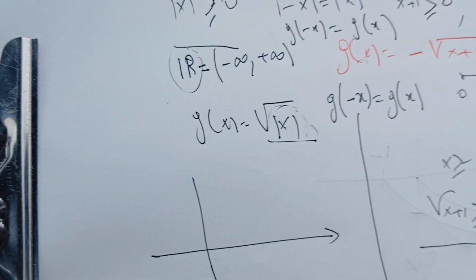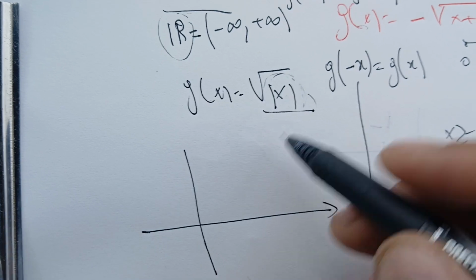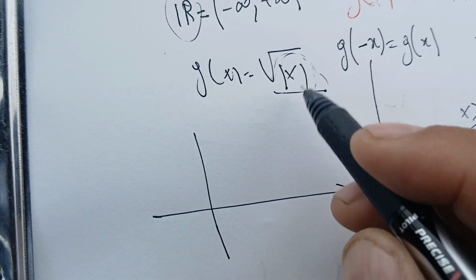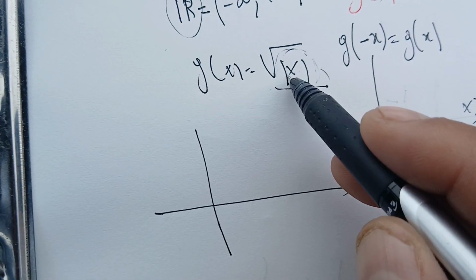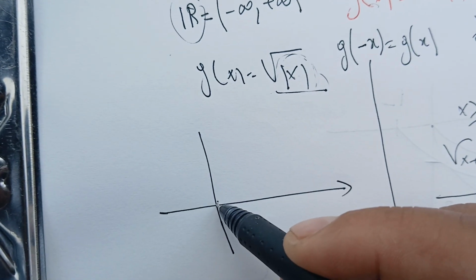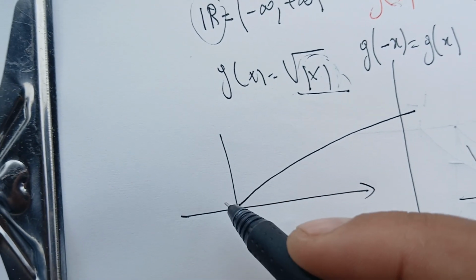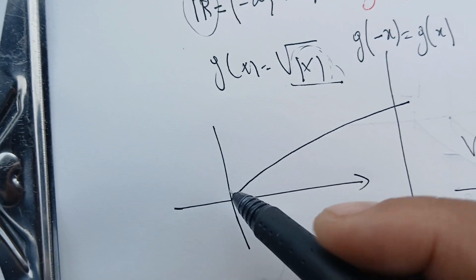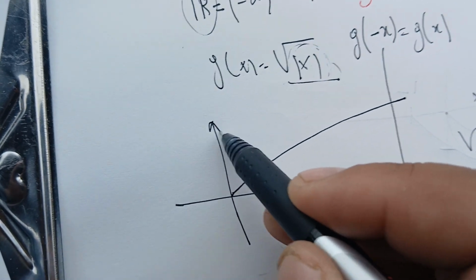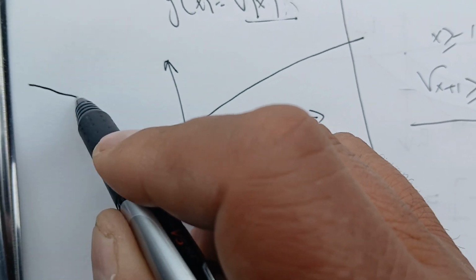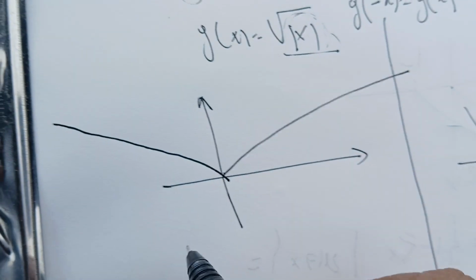For the graph of an even function, you need to graph only one part. So we graph the set of positive values. Here we know that the square root is like this. To get the part for negative values, we just take the mirror with respect to the y-axis. So this is our function.